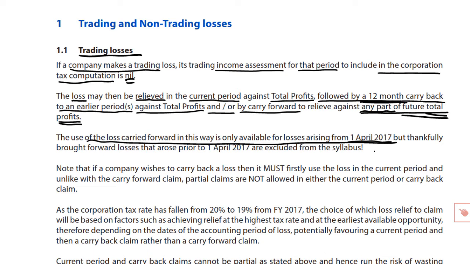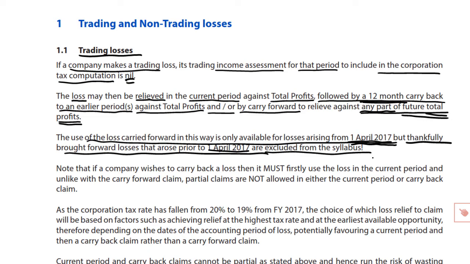So now, these rules about what you carry forward the losses to set off against and how you offset them, i.e. partial claims being allowed, this is new, and it's only effective for losses arising from the 1st of April 17. But, thankfully indeed, brought forward losses that arose prior to the 1st of April 17 are excluded from the syllabus.